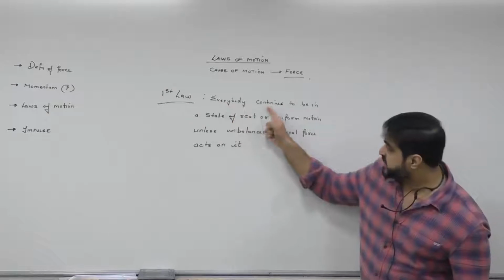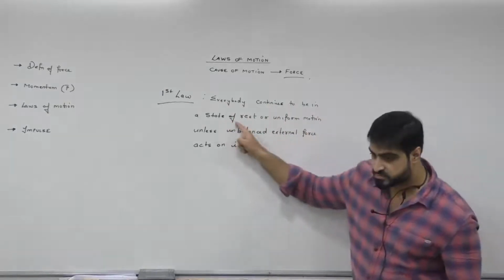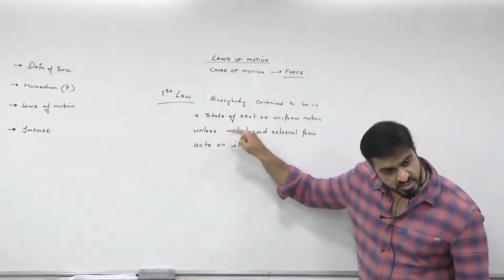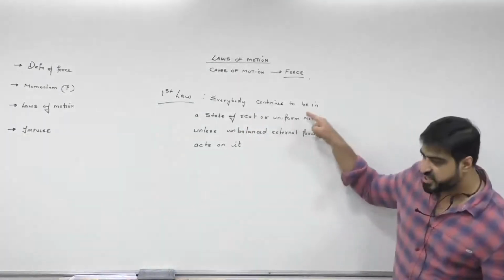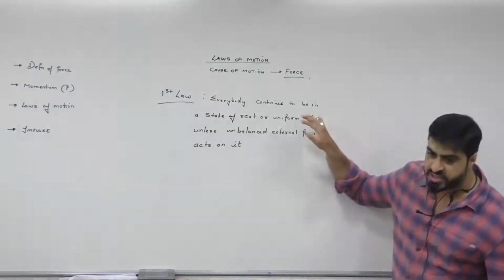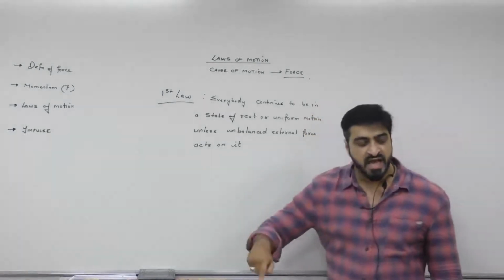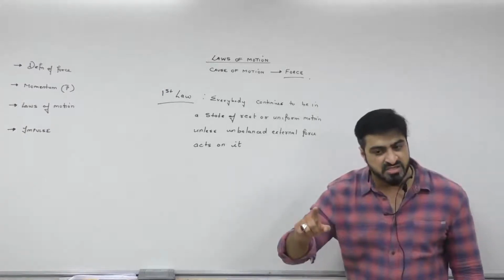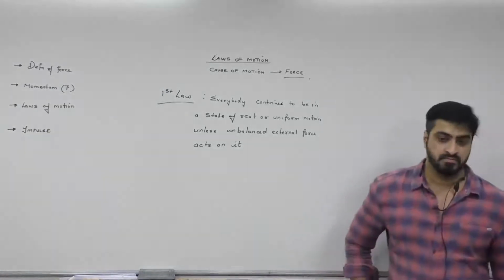Everybody will continue to be in a state of rest. Means a body who is at rest will remain at rest. A body in uniform motion will remain in motion unless and until an unbalanced external force comes and acts on it, and it will change the state of rest or uniform motion.